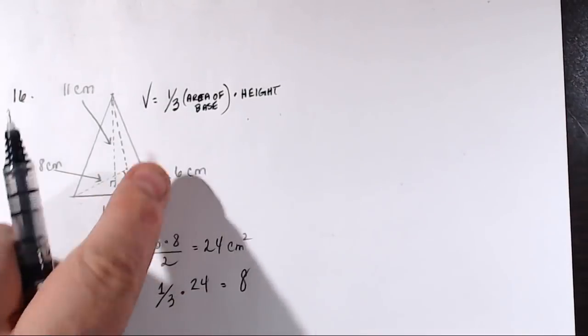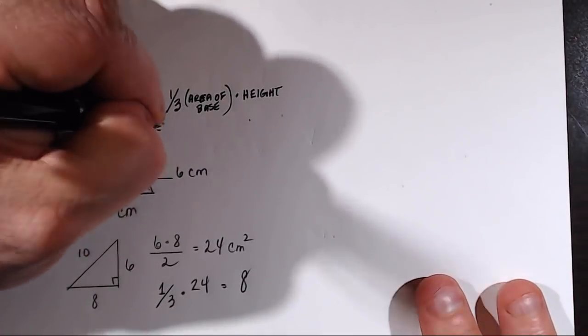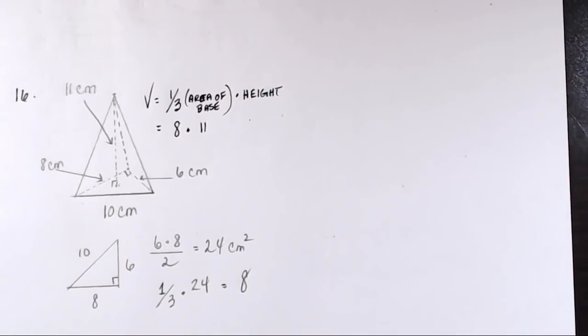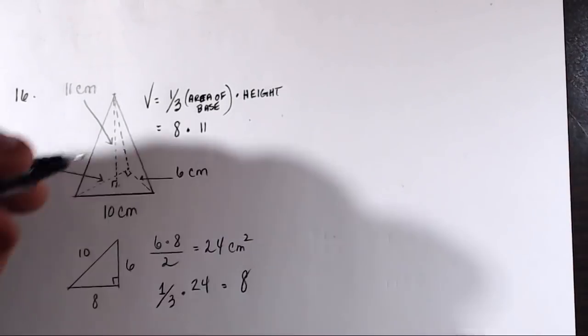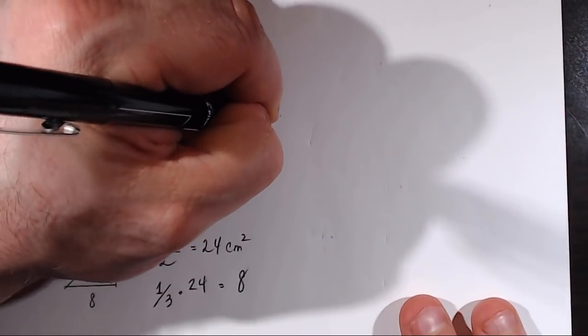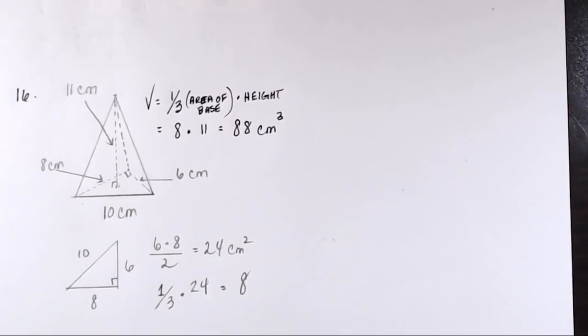So 1/3 times the area of the base is 1/3 times 24, and that equals 8, and then times 11, because 11's the height. So I'm getting 88 cubic centimeters. Cool.